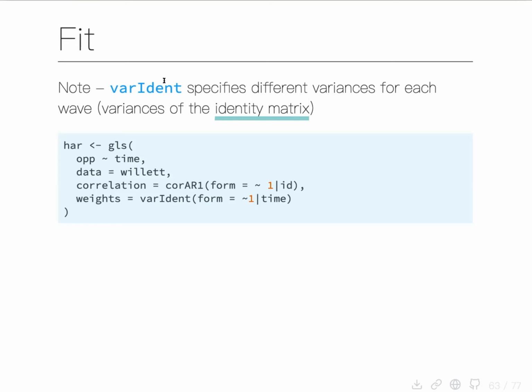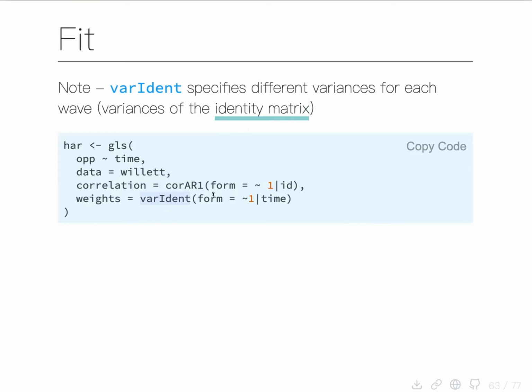What we're going to do is specify correlation just like we did before, corAR1, but we're also going to specify weights. I'm using varIdent, as in the variances of the identity matrix. I don't know why it's called varIdent exactly, because an identity matrix technically is all ones on the diagonal, but sometimes people say identity matrix to refer to the variances of a variance covariance matrix.